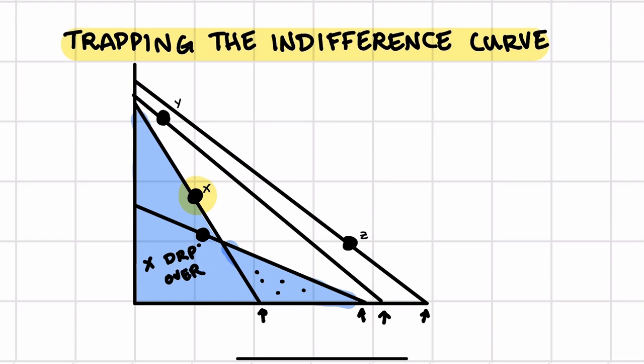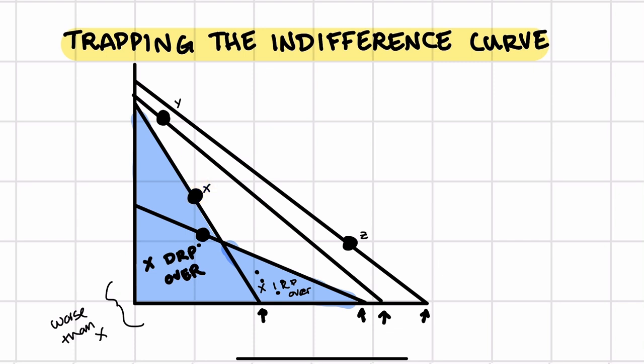And then over here, X is indirectly revealed preferred over these. So all these bundles in blue are worse than X.